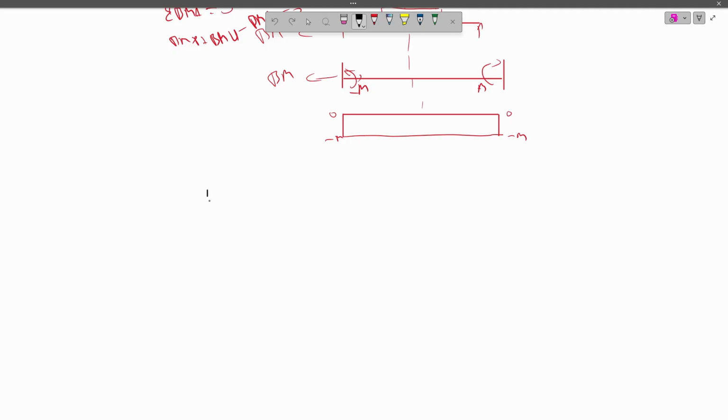For a triangle, our area is half base times height, and our centroid, calling this the base, is 1/3 and 2/3 times b.